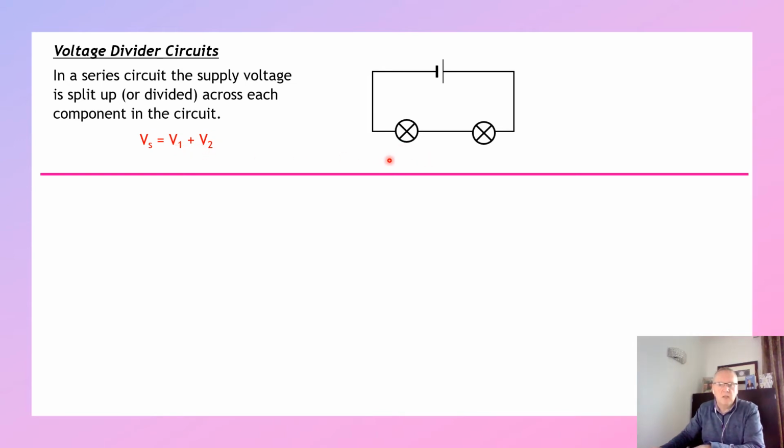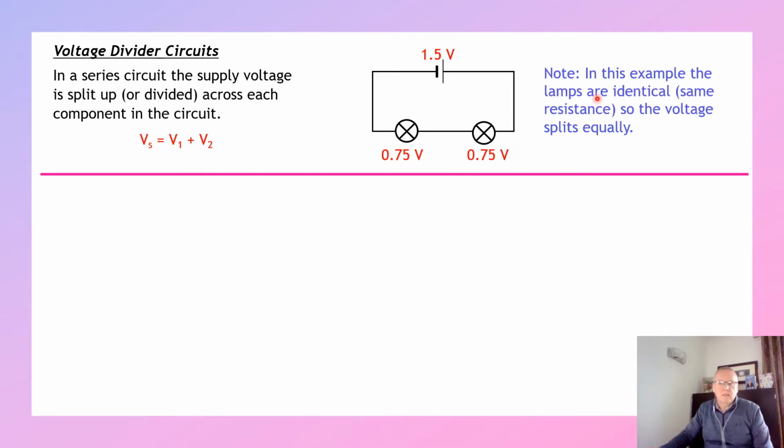So if the voltage across that bulb was V1, voltage across that bulb would be V2, and obviously that's the supply voltage. And so if that's 1.5 volts as the supply voltage, then the voltage across each bulb might be 0.75 volt, 0.75 volt, because the lamps in this example are identical.